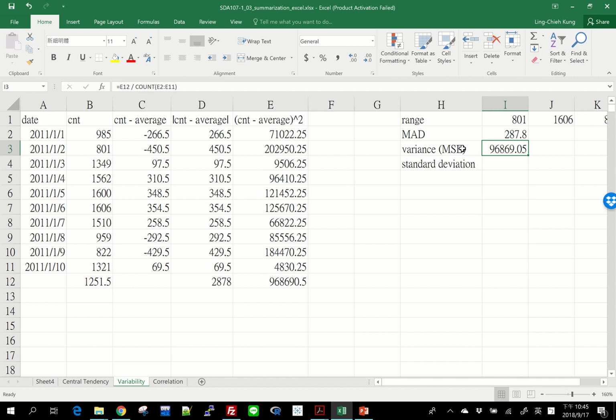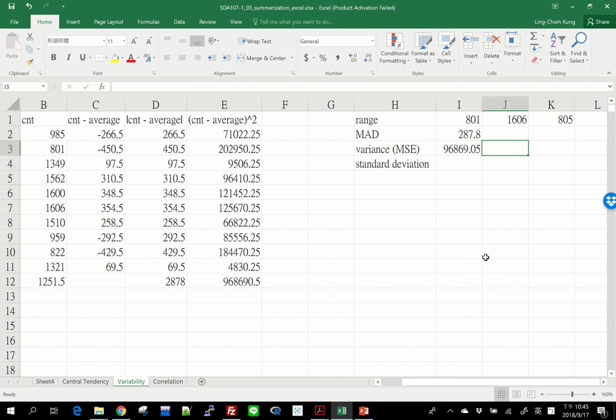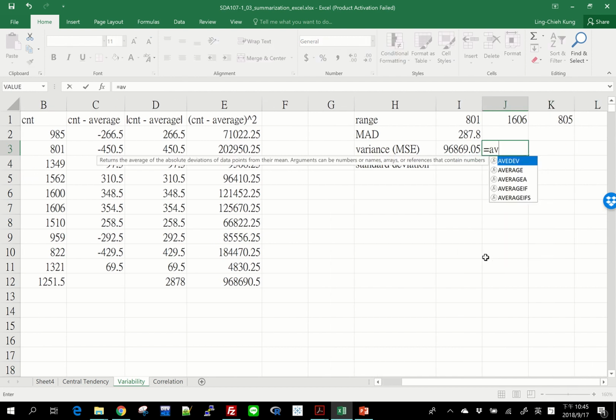And if this is the MSE or the variance, we should not need to do all the calculations by ourselves every day because variance is so frequently used. So it's good that in Excel we have functions called VAR, which stands for variance. So here we have var.p and var.s. These two are indeed different.